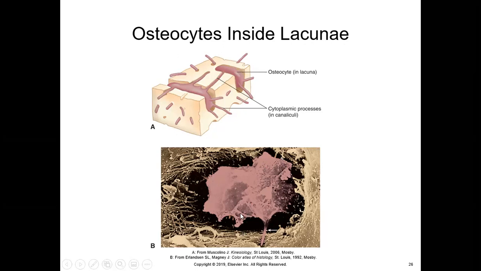It secretes substances that attract calcium and phosphorus. And so on the outside of the cell, calcium and phosphorus start accumulating, and this extracellular matrix becomes calcified. So it becomes very hard. And as it secretes and puts itself in this little hole, all this stuff around it gets real hard.